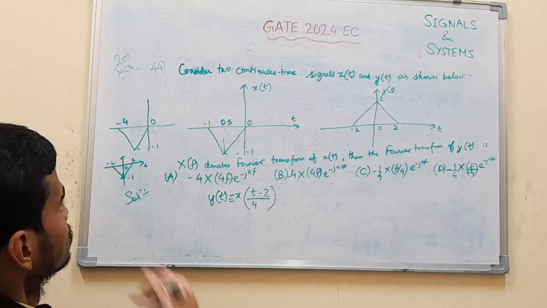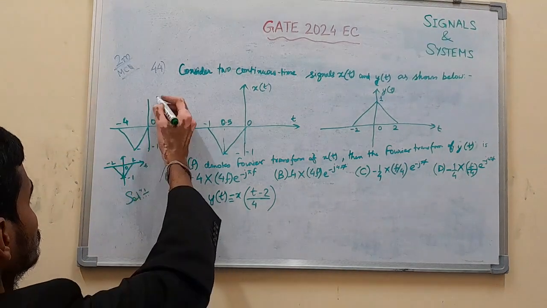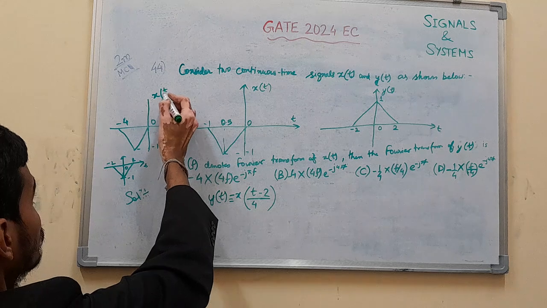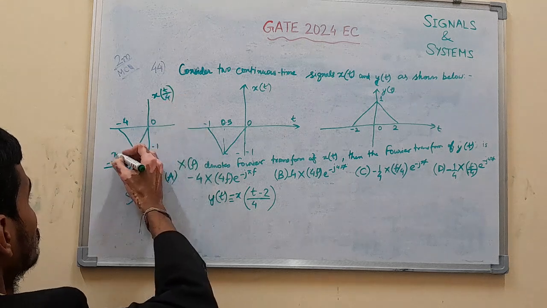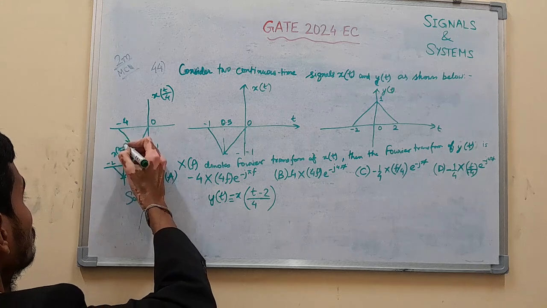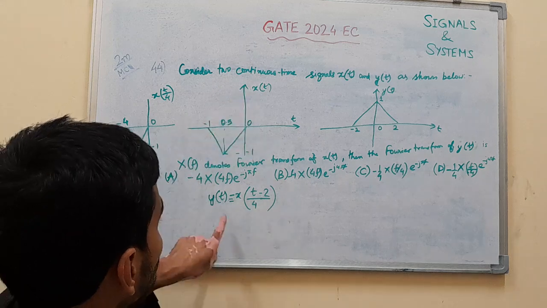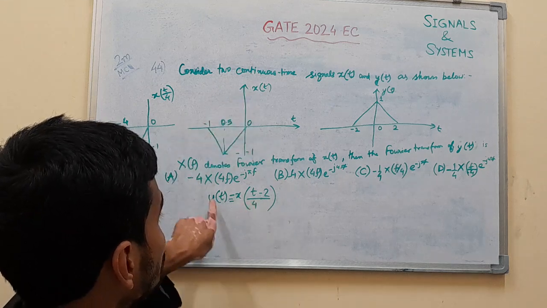It will be minus, basically. This is x of t by 4. This is x of (t minus 2) by 4. And when we invert this, it will be minus of x of (t minus 2) by 4. That is y of t.